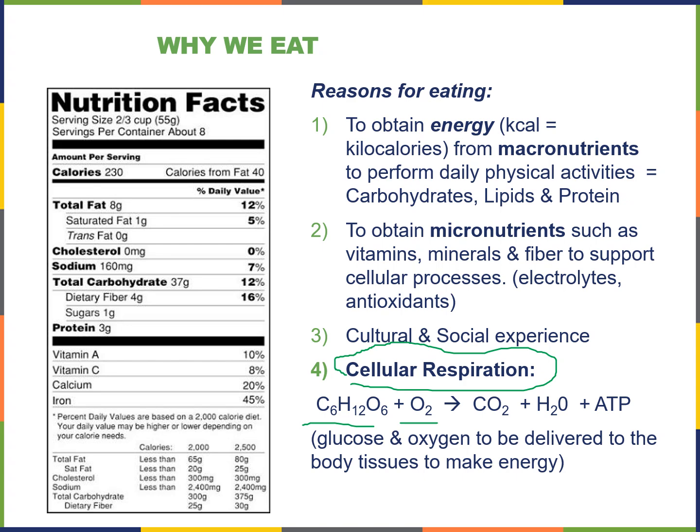And of course, glucose, which is the only monomer, the only substance that cells can use for cellular respiration, can only be provided by the ingestion, taking in carbohydrates and having the digestive system break down carbohydrates to produce glucose as an end product. Without cellular respiration, basically cells will die.